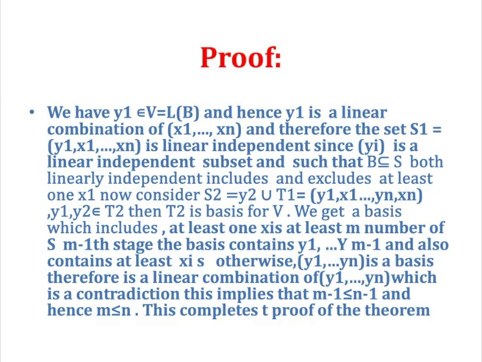Otherwise y1, y2, etc. ym is a basis, therefore ym is a linear combination of y1, y2, etc. ym minus 1, which is a contradiction. This implies that m minus 1 is less than or equal to n minus 1. Here, cancelling on both sides, left side and right side, hence m is less than or equal to n. This completes the proof of the theorem.